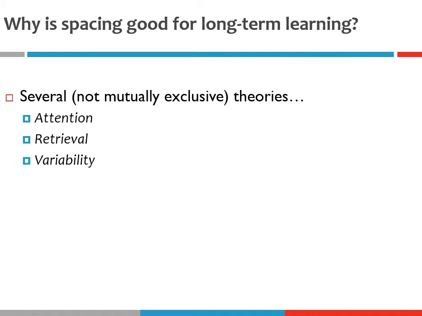Right? So why is spacing an effective strategy, or distributed practice an effective strategy? Because when you're engaging in cramming, you're unable to sustain your focus on that information as effectively for an extended period of time as you would for a shorter period of time. There's also natural forgetting that happens when your study sessions are spaced apart in time, and that natural forgetting means that because the information no longer resides in your short-term memory, you have to engage in retrieval practice in order to get that information out of your long-term memory.